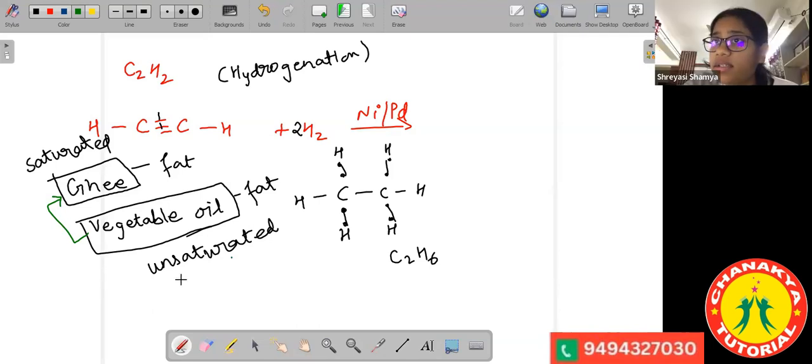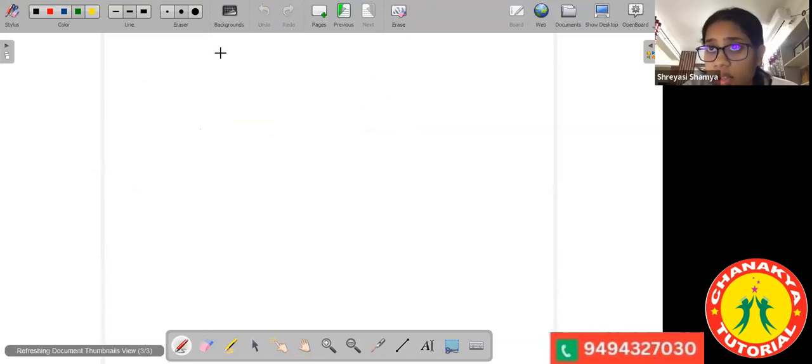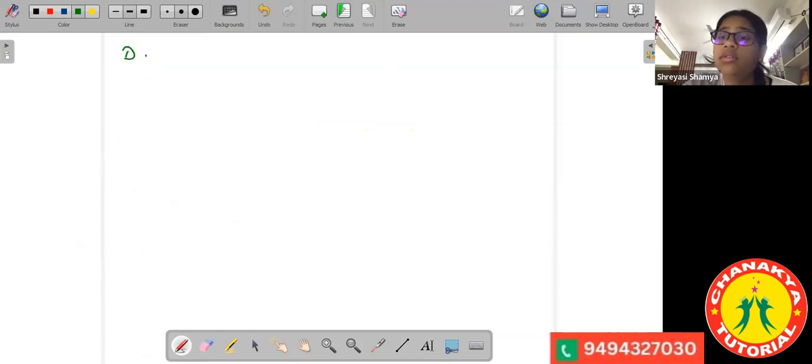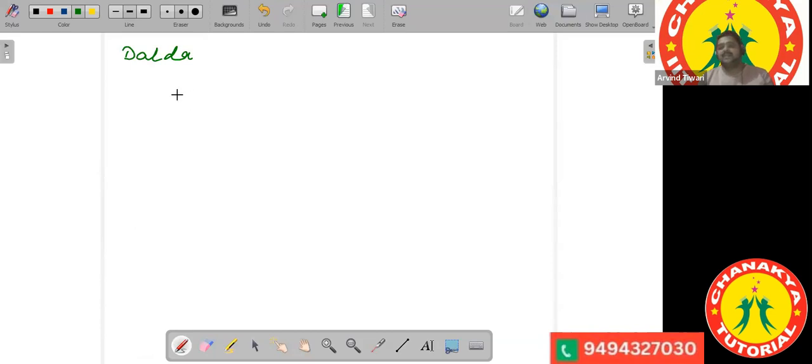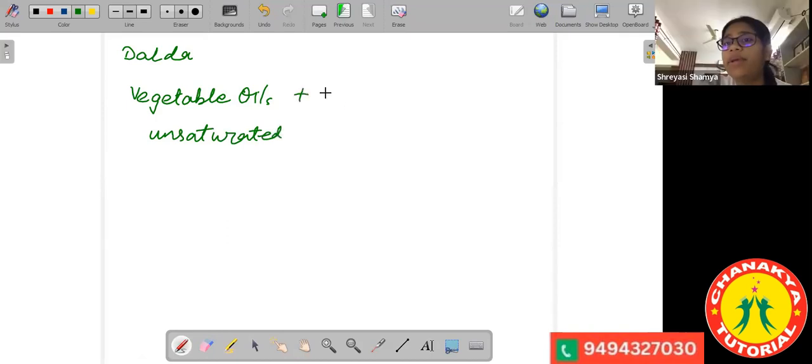Dalda. It has an appearance like ghee and is made from vegetable oil.